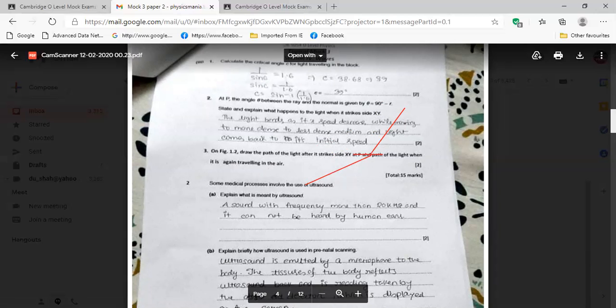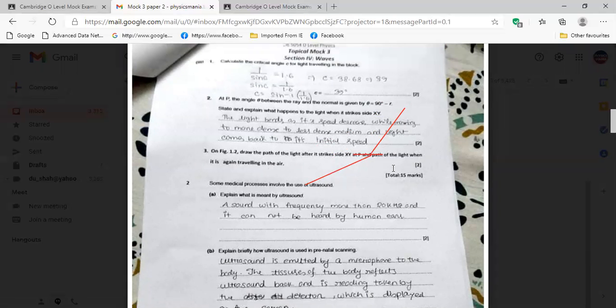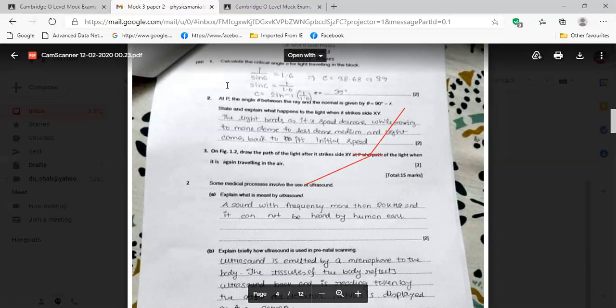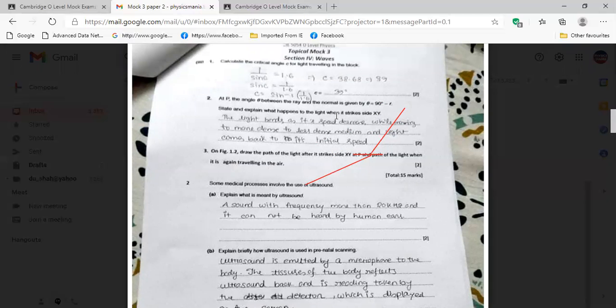So you will have here -2, -2, -4, right? 2, -2, isn't it? Yes, sir. But sir, the speed decreases. No, that one you are correct. I'm saying about this one. State and explain what happens to the light when it strikes side XY.